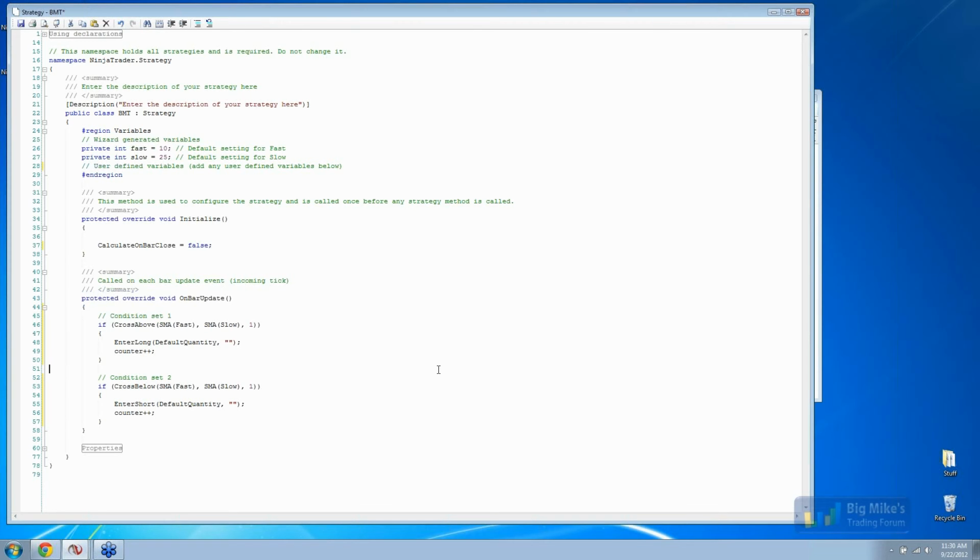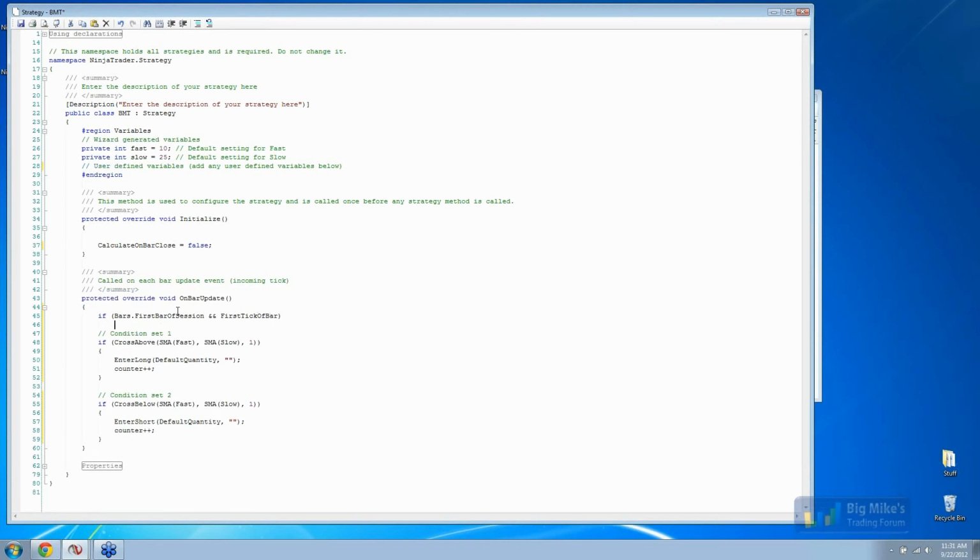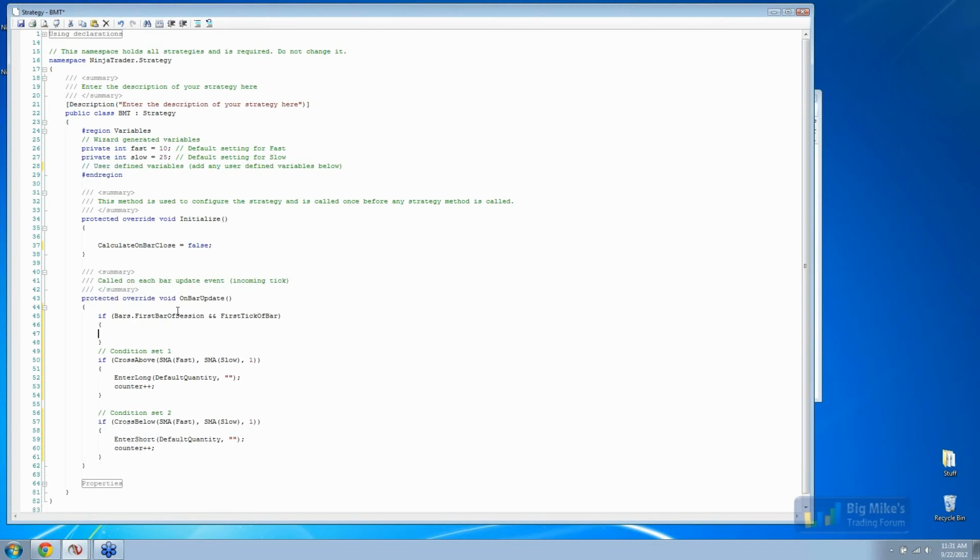We want to know that our strategy has traded at least 3 times in the current session. To do that, we can start with the new session stuff that I was referring to earlier. So we have the bars, first bar of session and first tick of bar.